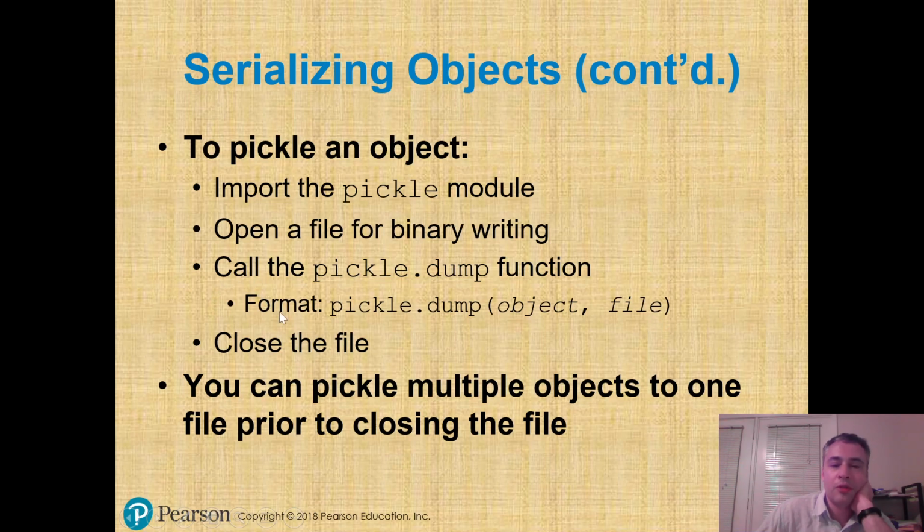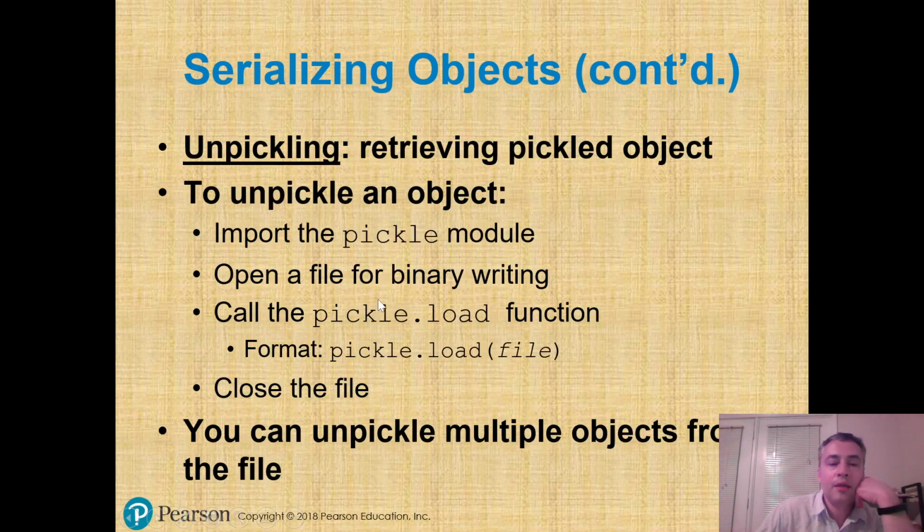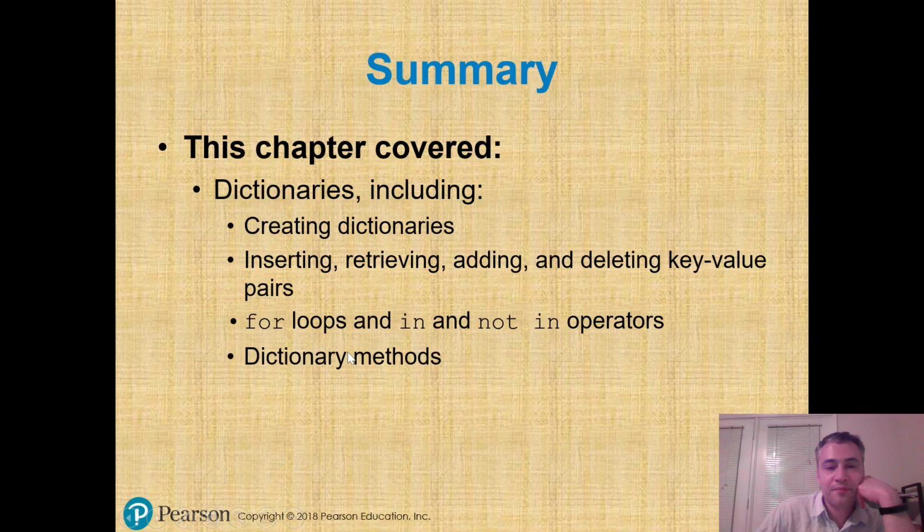So there are some similarities with how we worked with text files. We need to open a file and close a file. And we can also do pickle load, which is loading an object from a file, and you would have to store it in a variable. Don't forget that. Otherwise, you really didn't do much.